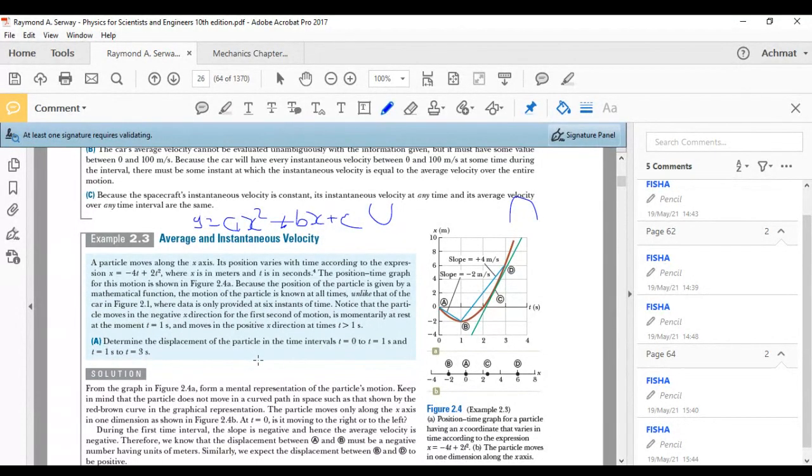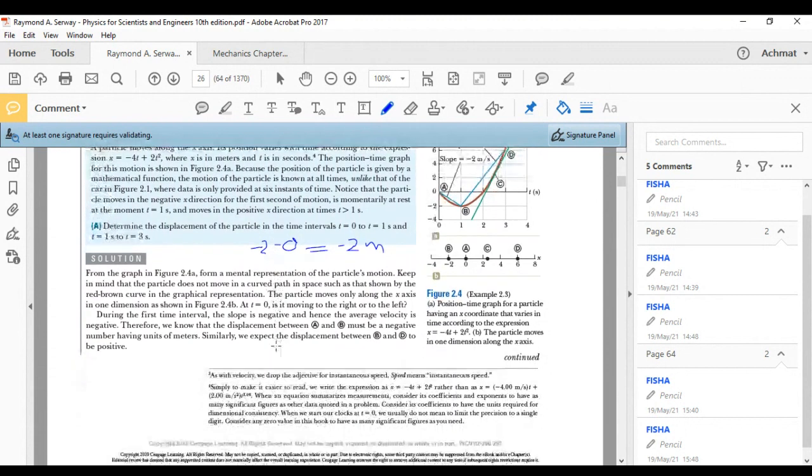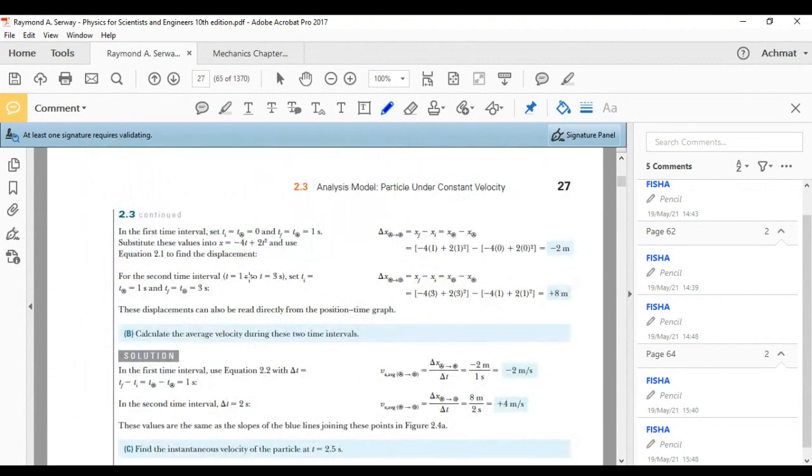So effectively, final position -2 minus initial position 0, and that should give me an answer of -2 meters. Let's see if they have it like that here in the solution. I didn't even look at the solution yet. There it is. You see that?